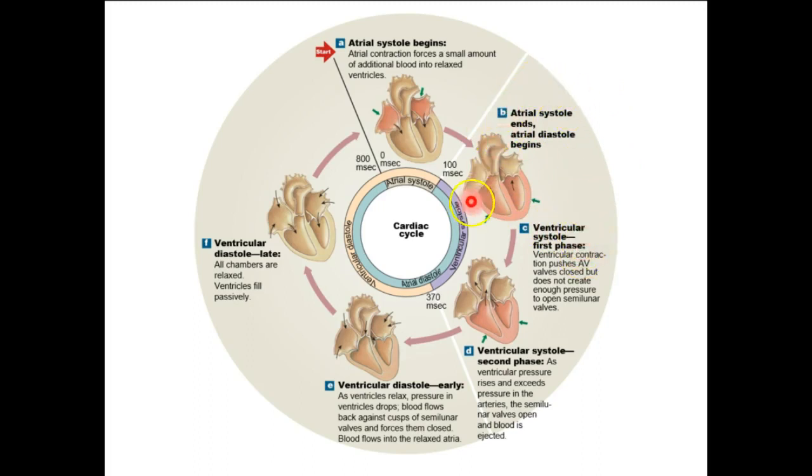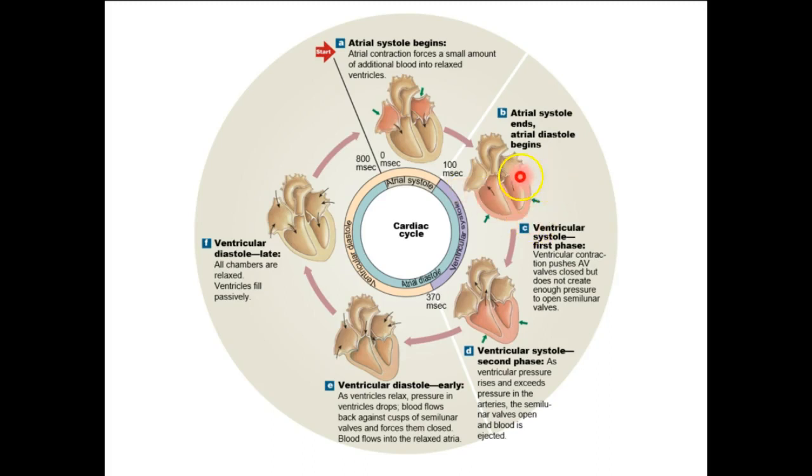There is actually a phase that's not being addressed here called isovolumetric contraction. Just a tiny, tiny fraction of a second where both atria and ventricles are depolarized. It's very, very brief. I don't really care about it that much, but I think your exam might have something related to isovolumetric relaxation and isovolumetric contraction phases. So that would be in between these two phases. Isovolumetric contraction is a very, very brief moment where everything is a little bit contracted, and specifically all of these valves are going to be closed.